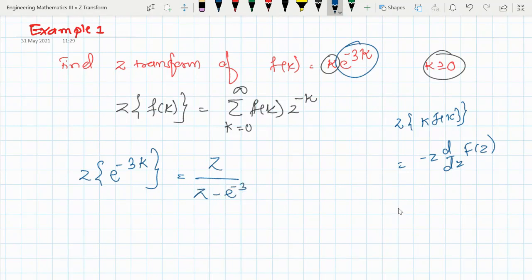As we have seen, the Z transform of e raised to minus ak is z upon z minus e raised to minus a. So this is my capital F(z).